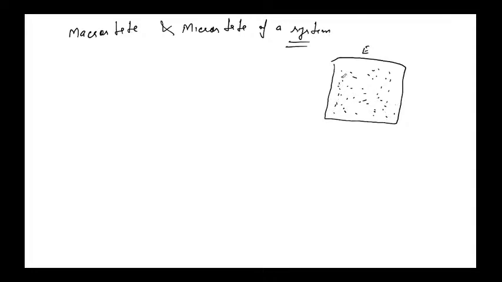The system can be composed of any matter. It can be a gas, a liquid, or any other form like plasma. So let there be N particles present in this system, confined to a particular space that is generally represented by the volume of this system.